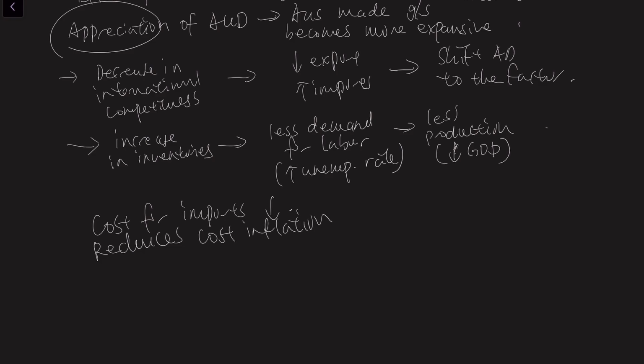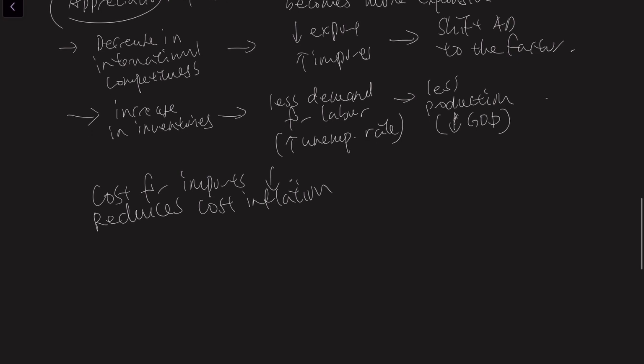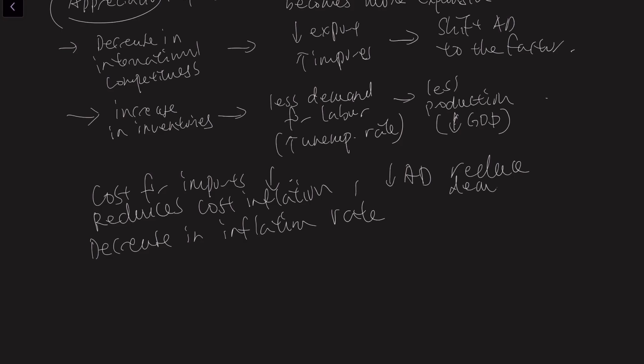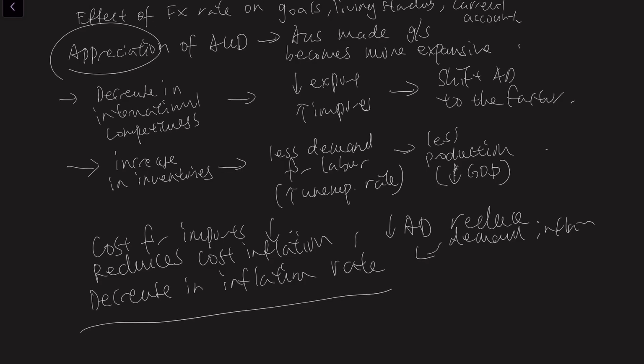And a reduction in cost inflation means we have a decrease in the inflation rate. Also, I guess lower AD would reduce demand inflation as well. So we actually can achieve a lower inflation rate if the Australian dollar appreciates. And this could potentially be good for the goal of low inflation.